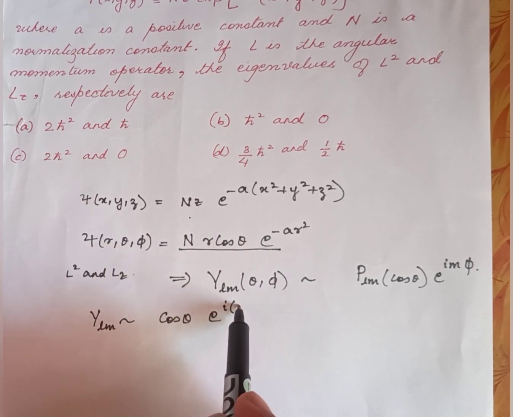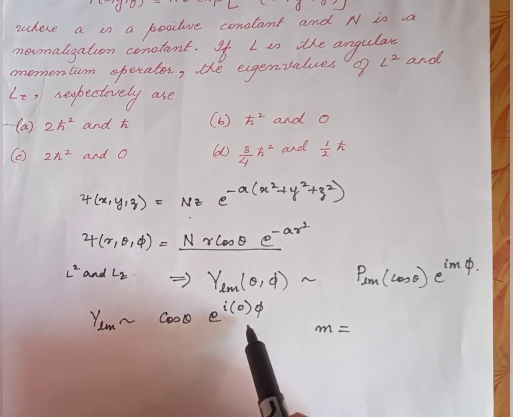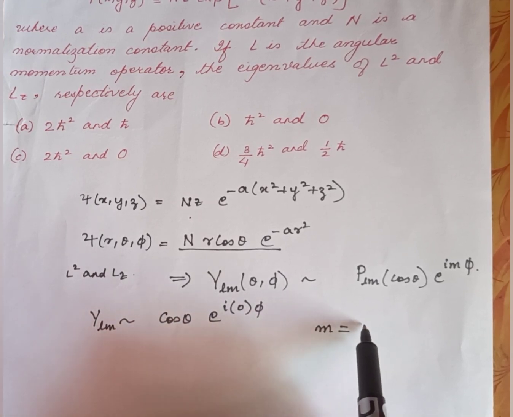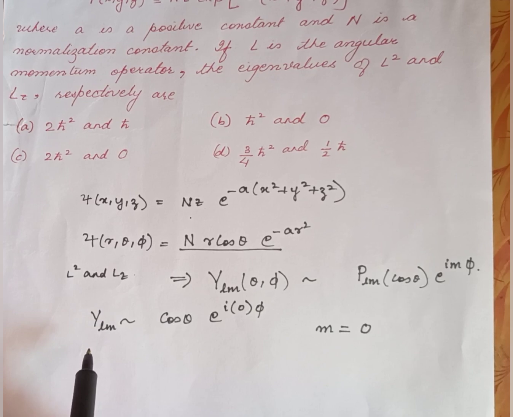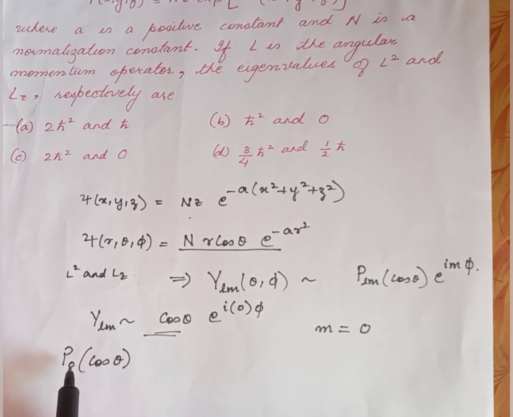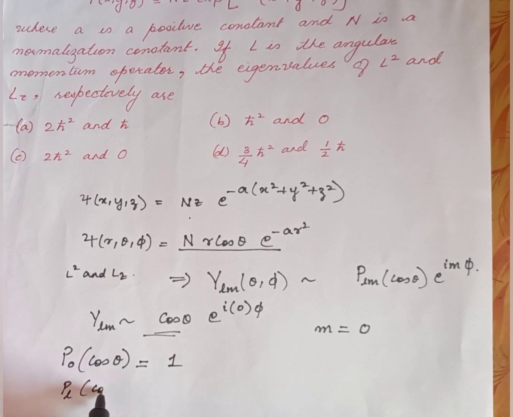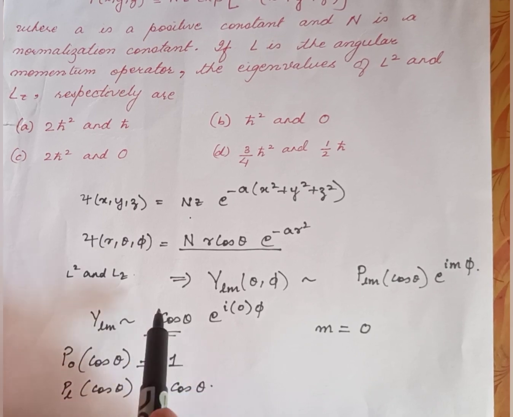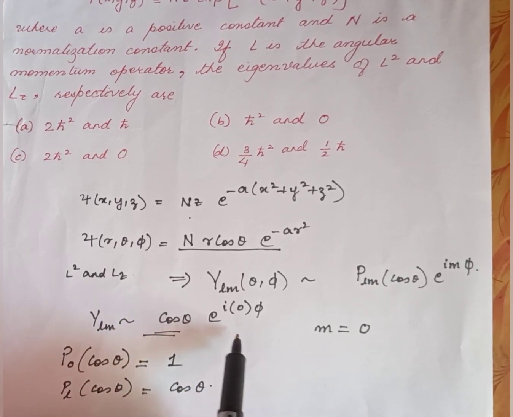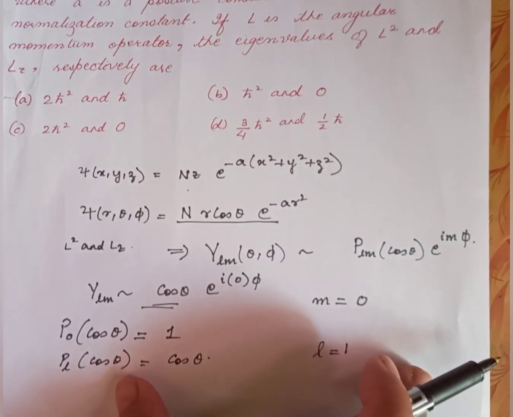So m here is 0. That means for this question I take my m to be 0. Now we know that for P0 of cos theta you have 1, and P1 of cos theta we have cos theta. So that means my L in this particular wave function is L equals 1.